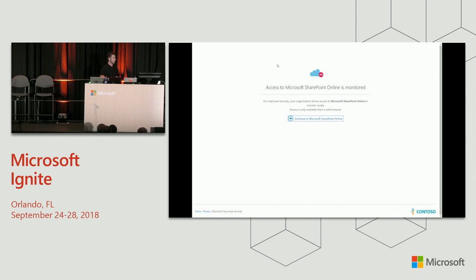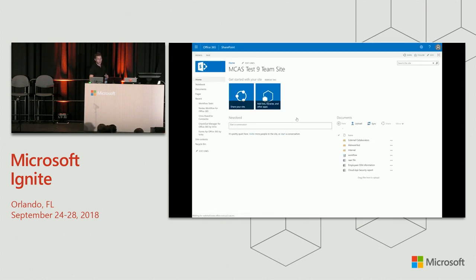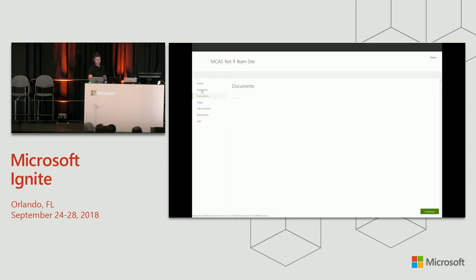Some organizations love to put this notification at the beginning of a monitored session. Some of the organizations prefer to have this transparent behavior for the end users. But you can see here that after we put this notification, the experience that Sylvia is going to get is the normal experience that you all know and are familiar with from SharePoint.